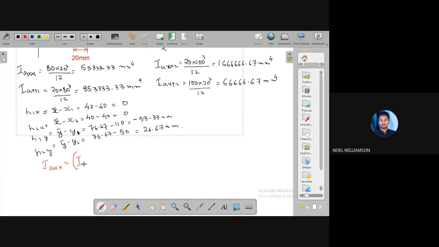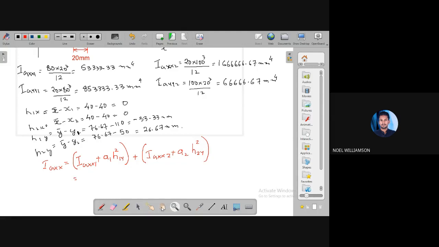So IGXX1 plus A1 H1y square, plus IGXX2 plus A2 into H2y square. Then you will get an answer.